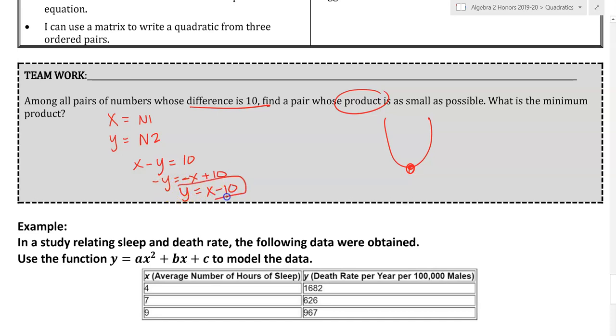And we now know that y is x minus 10. We've also got x. So if you wanted to minimize their product, it is x times x minus 10. So you're looking at x squared minus 10x. Notice it does open up. When you find the vertex of it, that is the minimum. That's the value of x. So then you would also get the corresponding value of y for the second number.